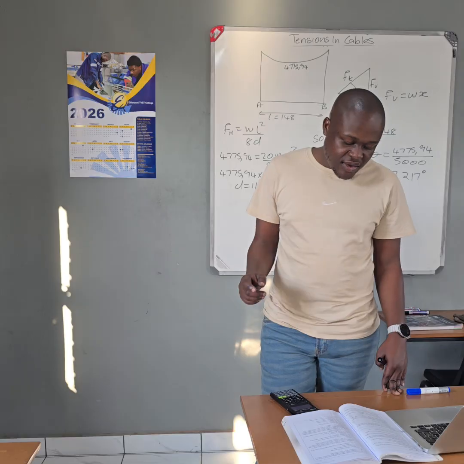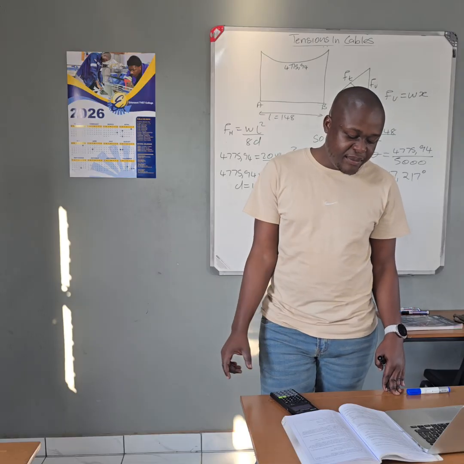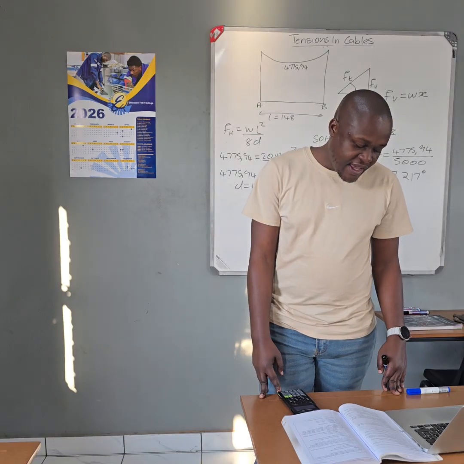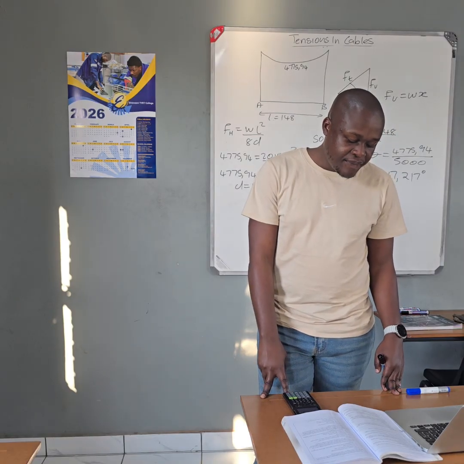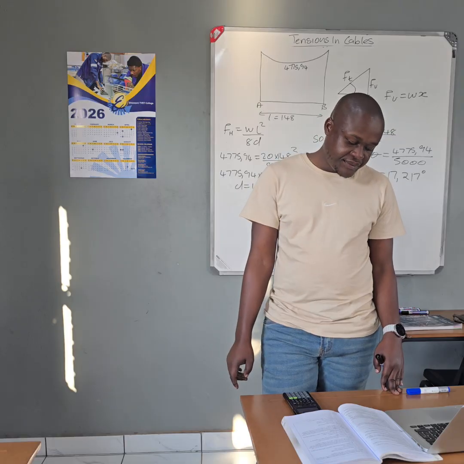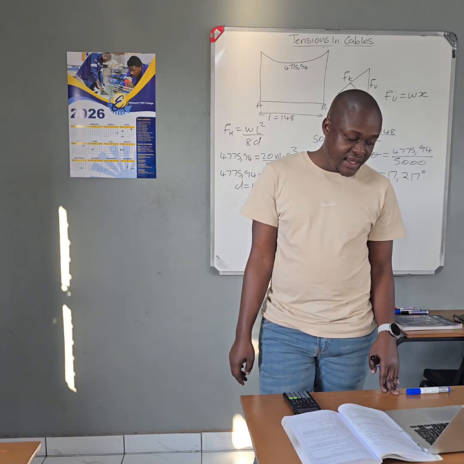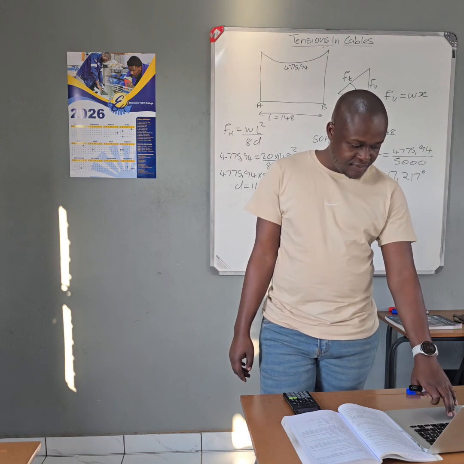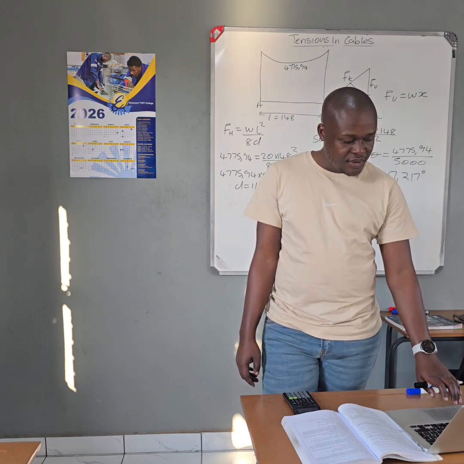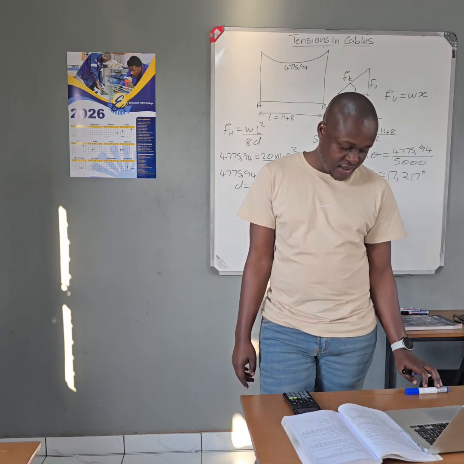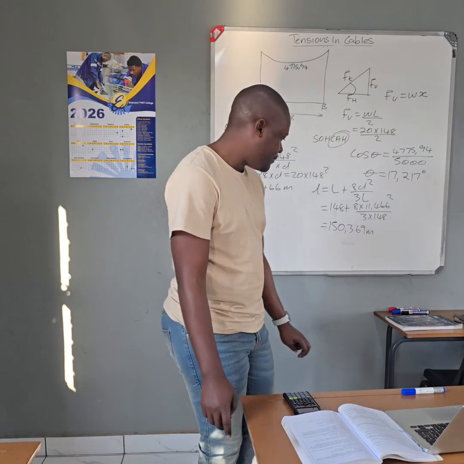The sag of the cable is 9 meters below the shortest support. And the bridge carries a load of 7 kilonewtons per meter. Calculate the maximum and minimum tension in the cable. So we want to calculate FH as well as FT.